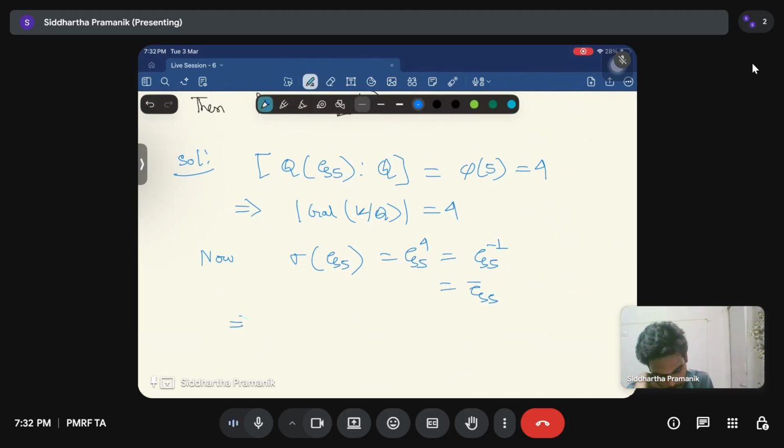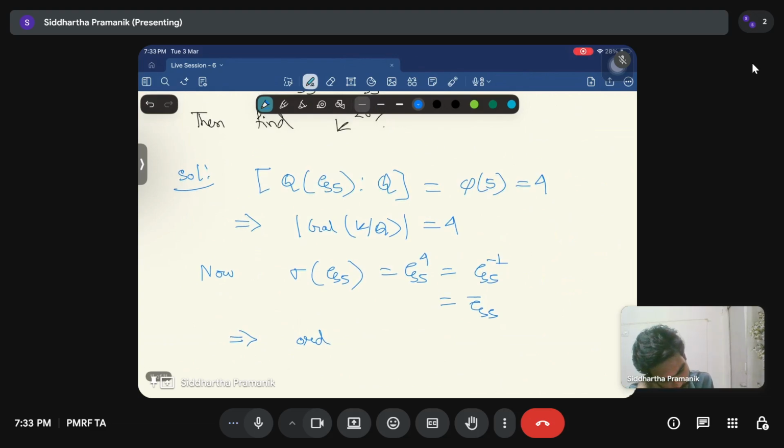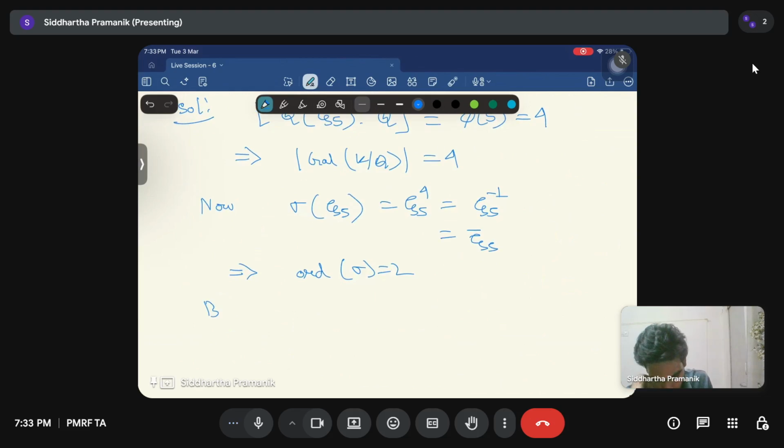So this will imply the order of sigma is 2, and by the earlier problem, the fixed field of this one is basically Q adjoin zeta 5 plus zeta 5 inverse.